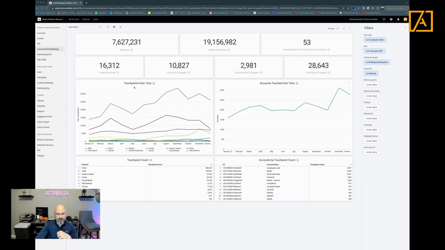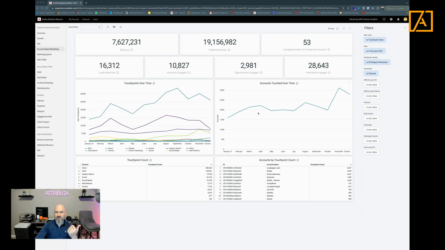Now, this next module here, touch points over time, is breaking it down by the different channels that we can engage with accounts through. You can see that we've got channels for BDR, paid search, direct, partner, display, partner marketing. This line chart charts the growth or deceleration of different channels on a monthly basis throughout this time period.